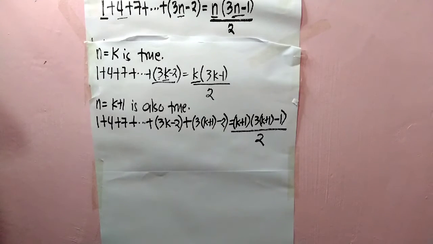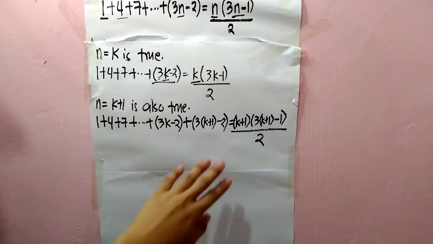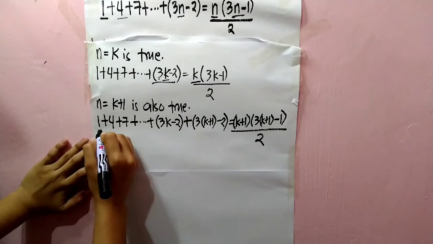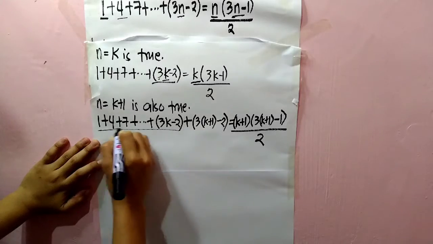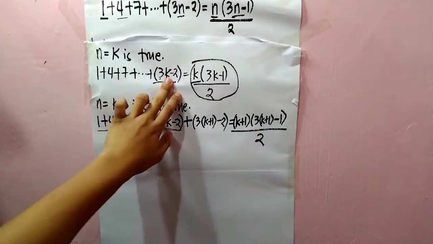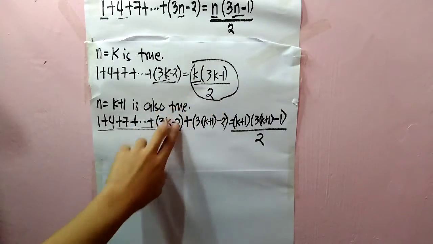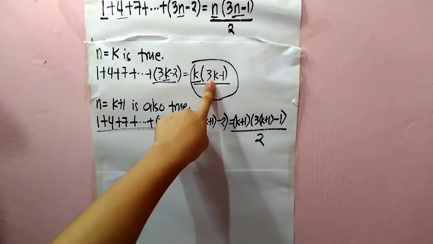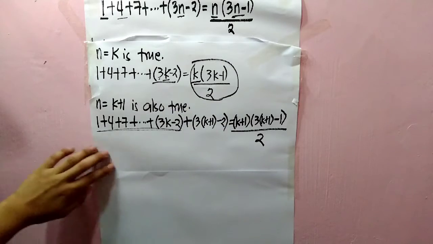So this time, to prove that n equals k plus 1 is also true, we will replace this with this, since it is equal to k times 3k minus 1 over 2.